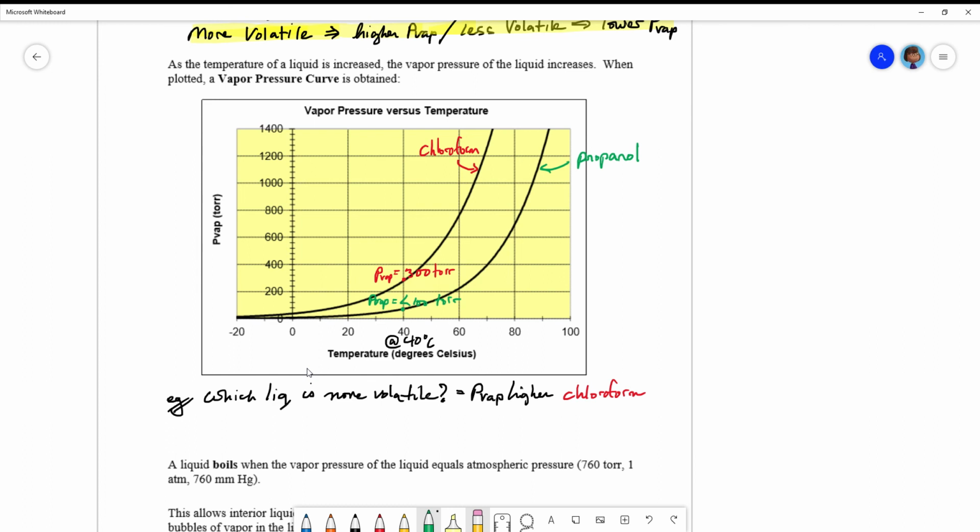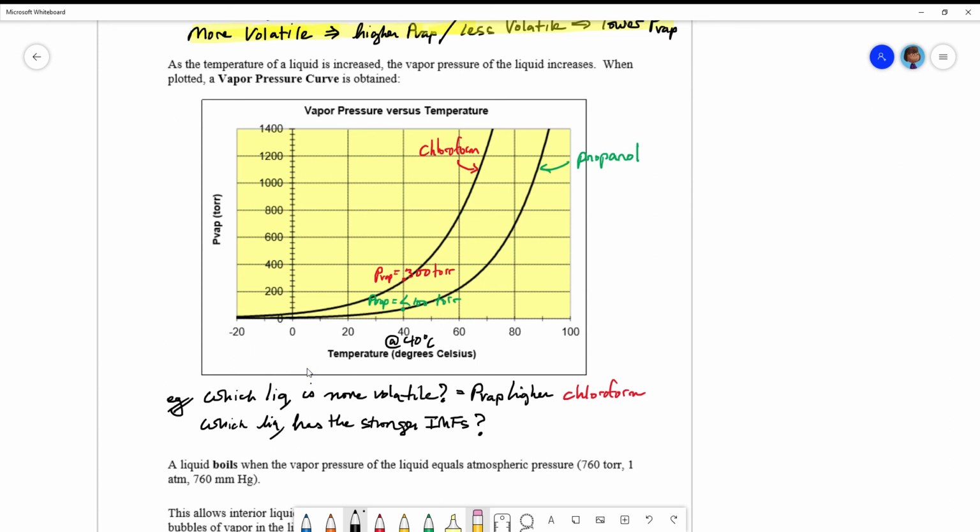All right, which liquid is more or less volatile? Here's another question we could ask. Which liquid do we believe has the stronger intermolecular forces? Well, let's think about the liquid that's more volatile and has the higher vapor pressure.